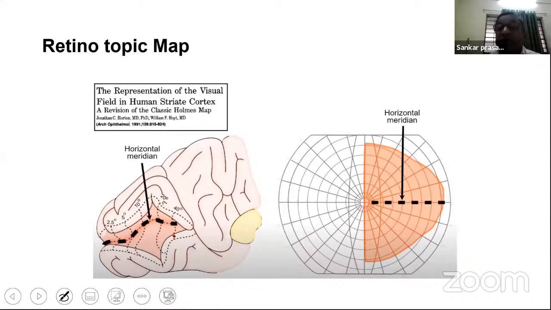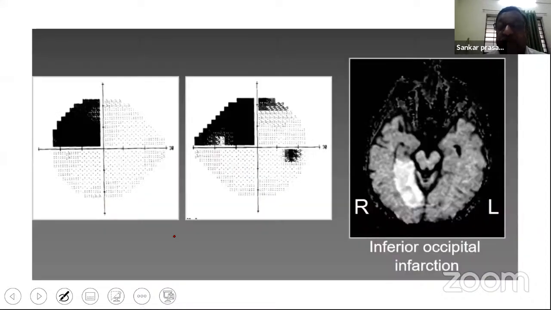So if there is a problem in the inferior occipital infarction, you see the right side infarction is there. Here the visual field is as you see. So the left is left, the right is right. But in MRI, this is the opposite. The right is on your left and left is on your right. So there was some confusion. But if you see this field, which is occipital infarction in the inferior, you get the contralateral superior quadrantanopia. This presents with visual blurring.